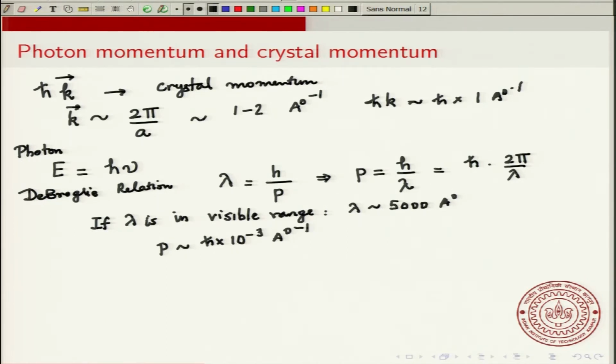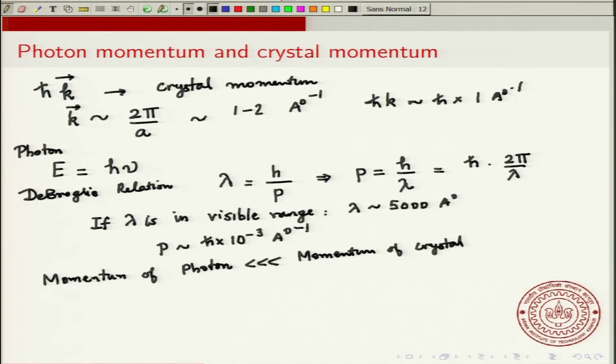So the conclusion we have is that the momentum of a photon is typically much smaller than the crystal momentum.